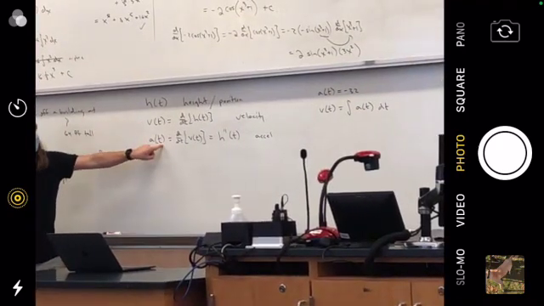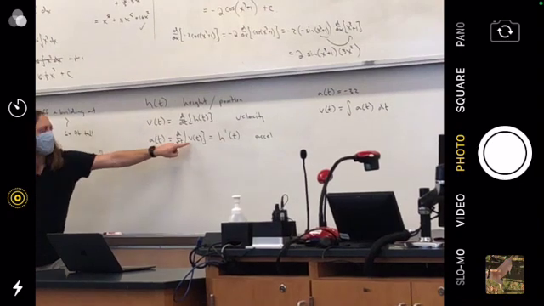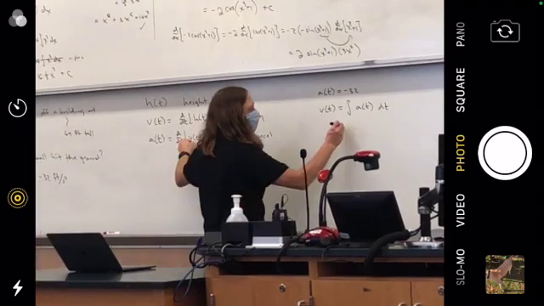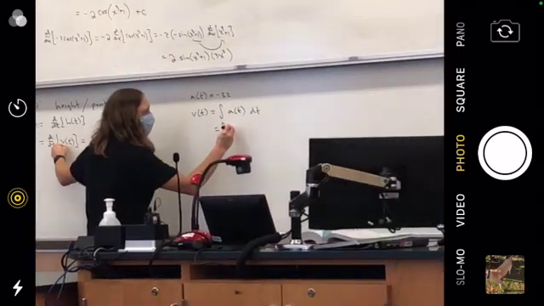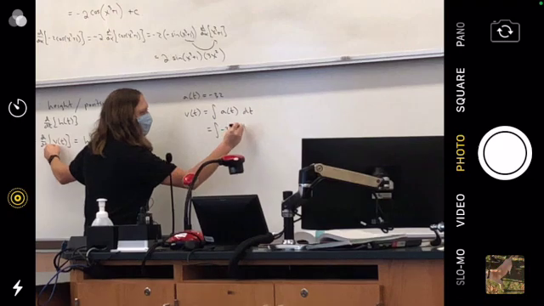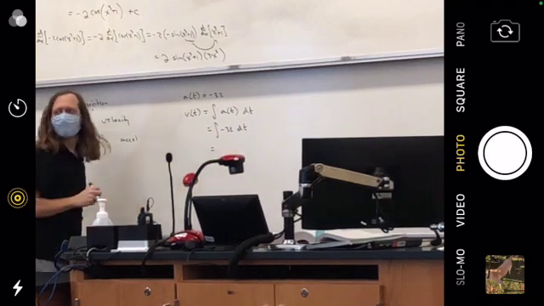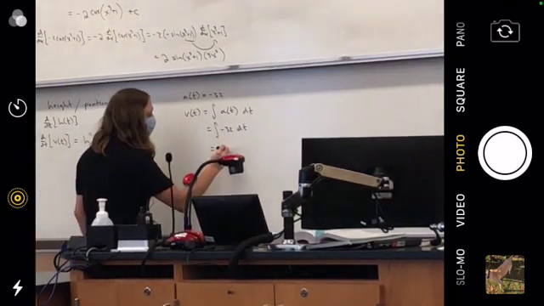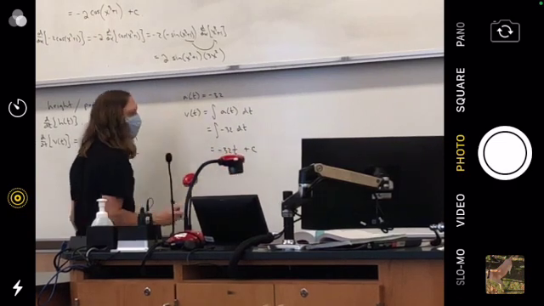If I know acceleration, the antiderivative of acceleration would be velocity. So I need to know what is the integral of negative 32. What function has slope negative 32? Negative 32t plus c, plus the constant.